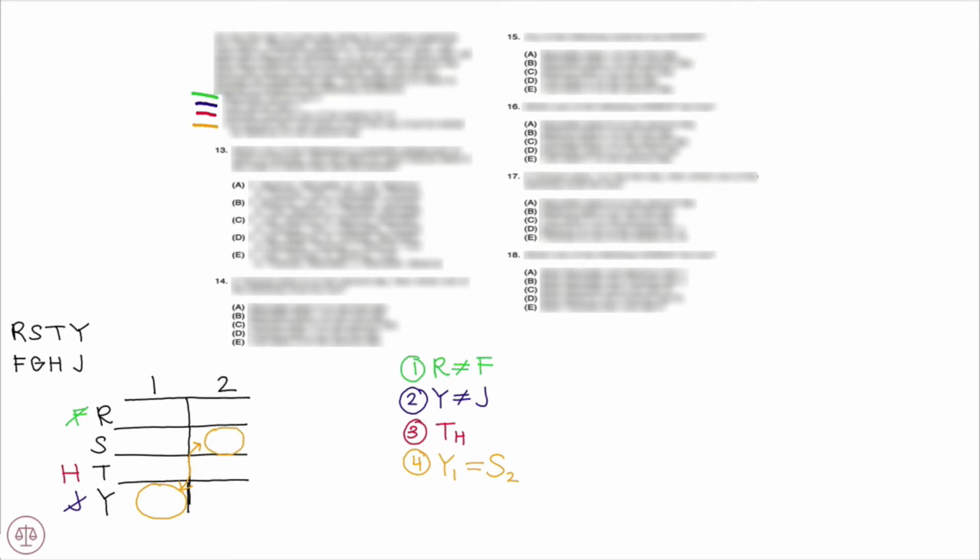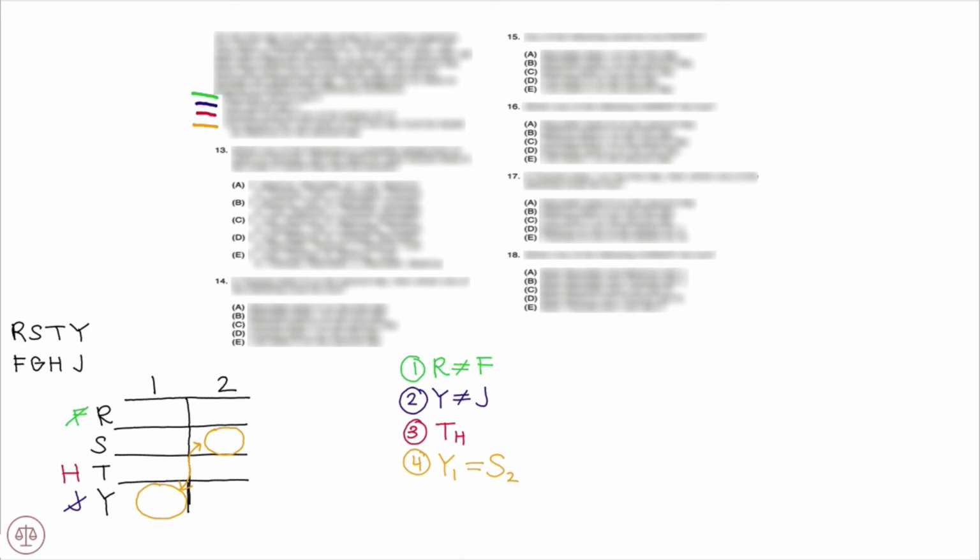All right, so let's think about what could be Y's first bike. Well, we know that it's not J. Now, can it be H? We know that T will be one of the testers for H, but it doesn't necessarily have to be the first one. If Y had H for its first bike, then to abide by rule number 3, H would have to be here on the second day for T. And so we're not going to be following rule number 4, because whatever Y tests on day 1, S is going to test on day 2.